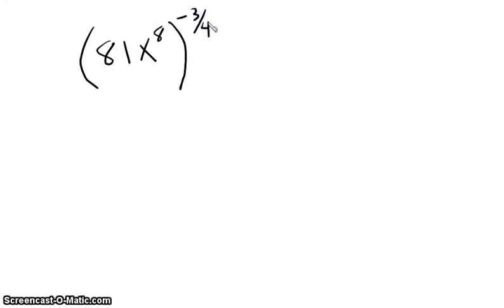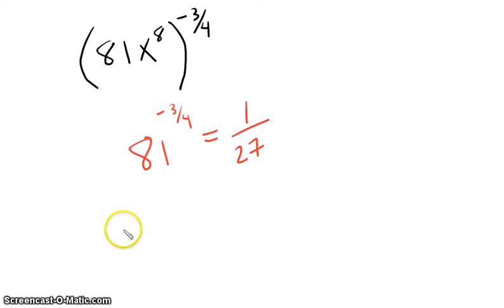Well, I don't know what negative 3/4 is, but I do have a calculator, so I can do 81 to the negative 3/4 in my calculator. The fourth root of 81 is 3, to the negative third power is 1 over 27. Boy, I don't know how to do that in my head, but I do know my calculator is going to give me some decimal.